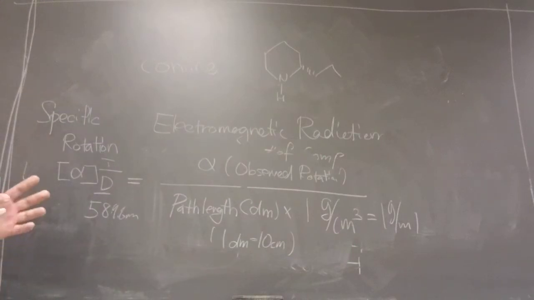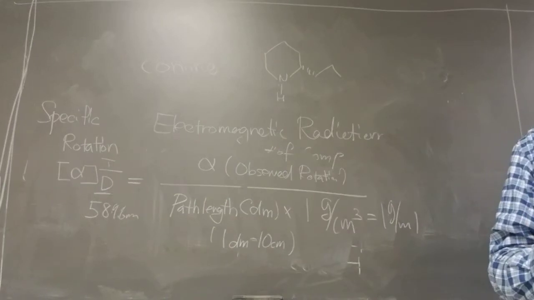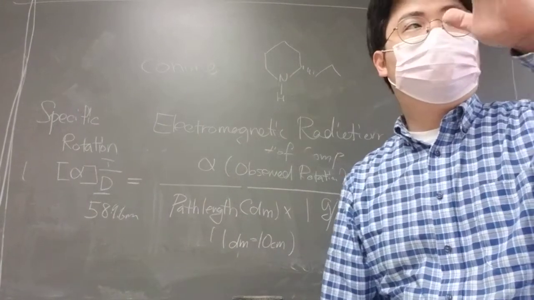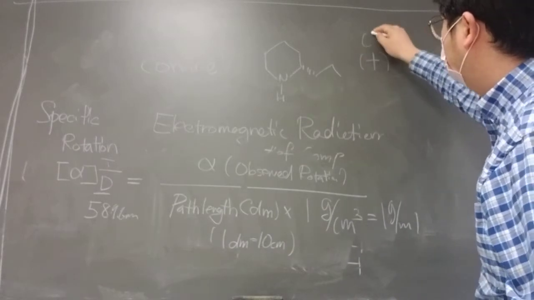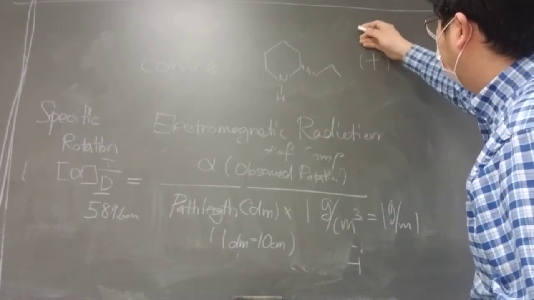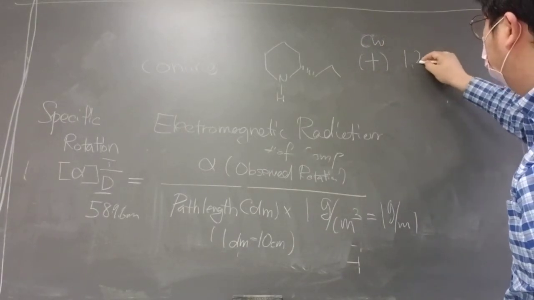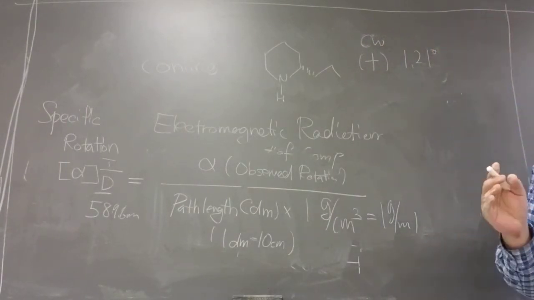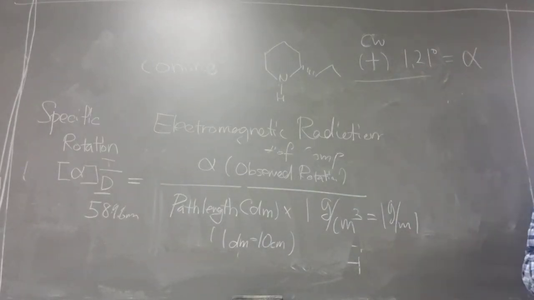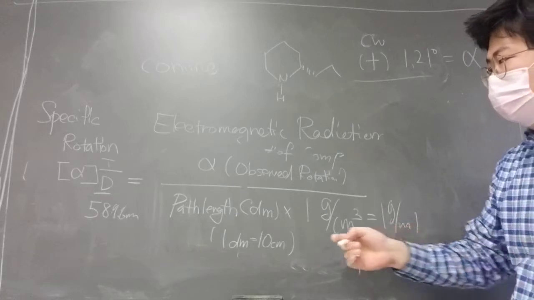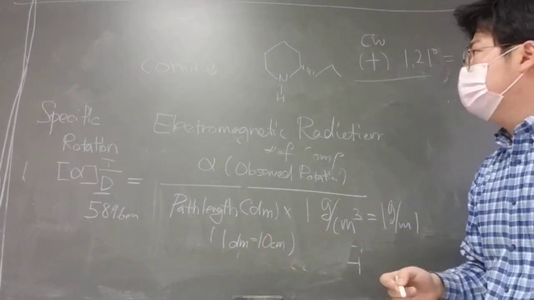Let's say we have the observed angle. It was tilted in the right way, clockwise, so it's plus, and maybe it was 1.21 degrees. It rotated this much, which is your alpha part. But obviously, we didn't follow the standard conditions of 1 decimeter or 1 gram per centimeter cube.